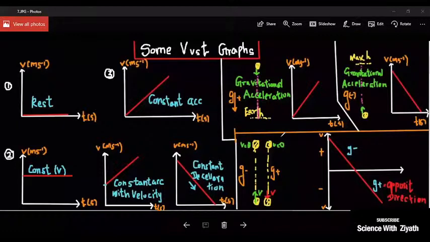Look at this one. This is the gravitational acceleration graph. You know what gravitational acceleration is? Gravitational acceleration is a constant value, the constant value formed by Earth. Earth attracts any object, and because of that, acceleration is formed.